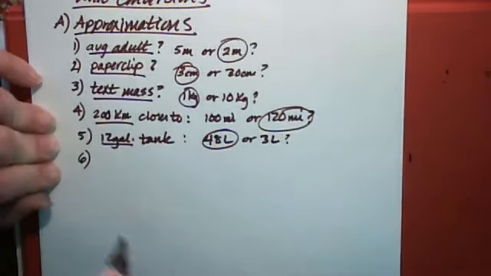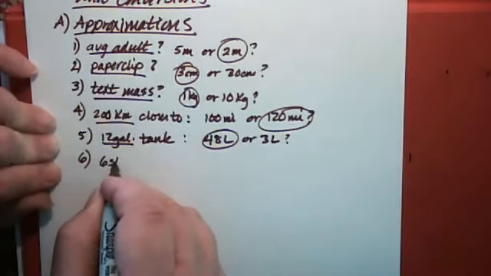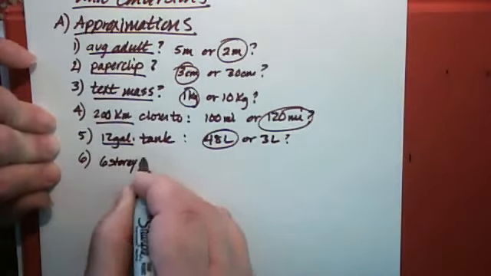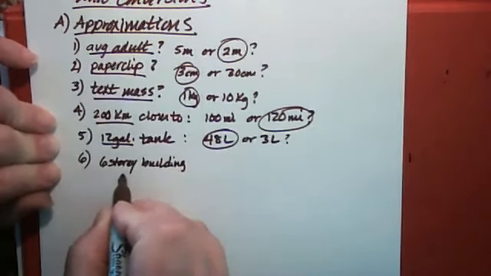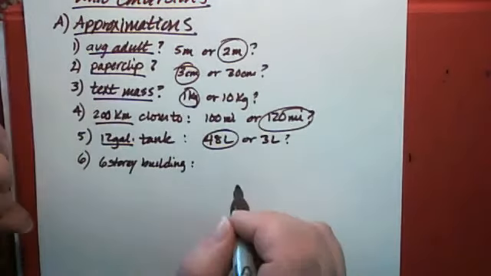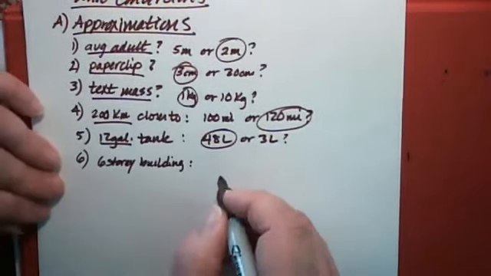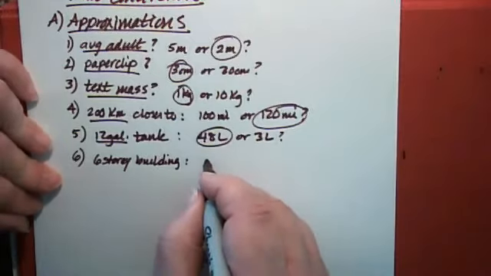And then 6, how high would a 6-story building be? Story for buildings is spelled EY, by the way. I didn't write this sheet up, so I can't take responsibility for that. The choices are 20 meters or 30 meters.